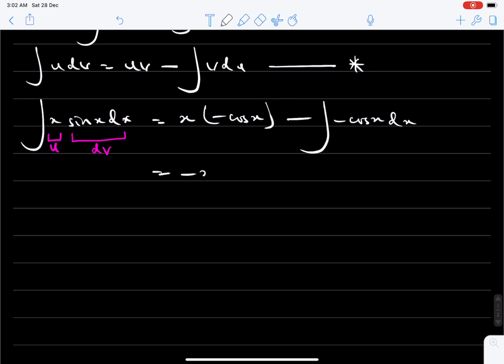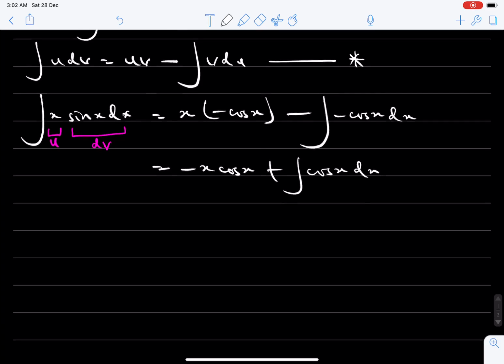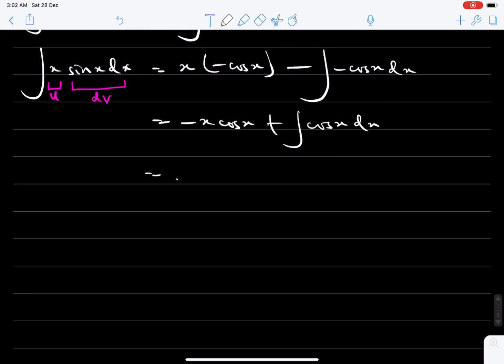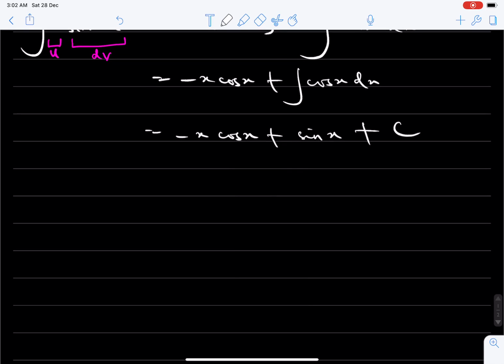That means minus x cos x plus the integral of cos x, which is minus x cos x plus sine x, and then you have a constant. So that's it.